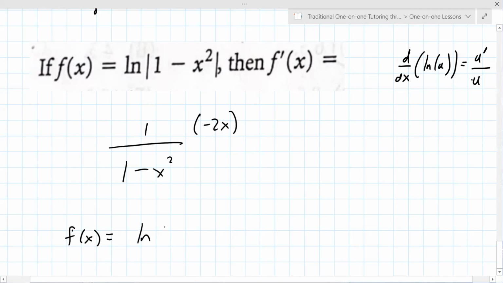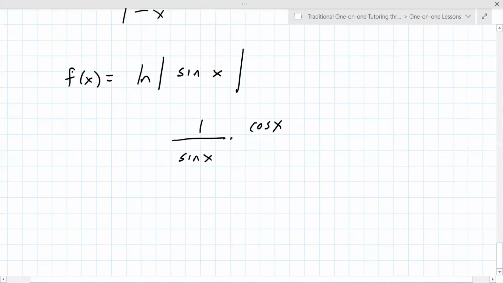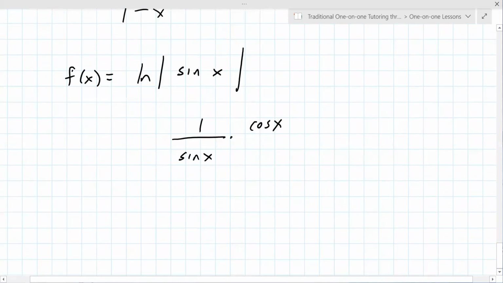Now, let me give you one that's slightly more interesting, potentially. Let's say it's natural log absolute value of sine x. Okay, so it'd be 1 over sine x, and then times cosine x, so cosine x over sine x. Well, sine x over cosine x is tangent.